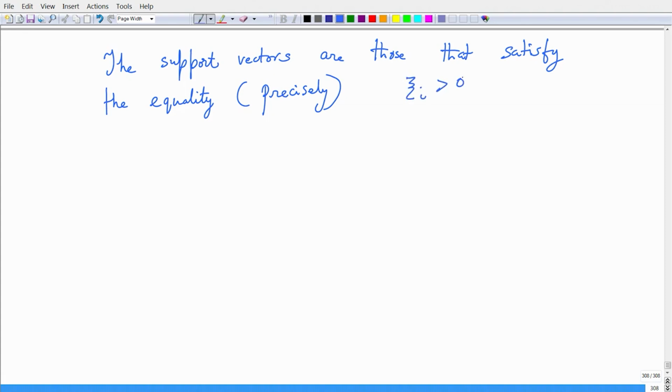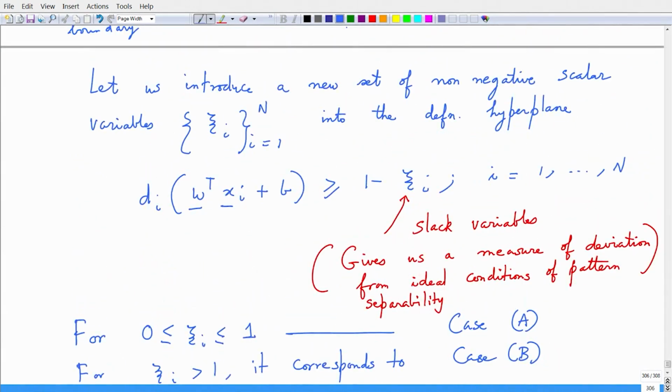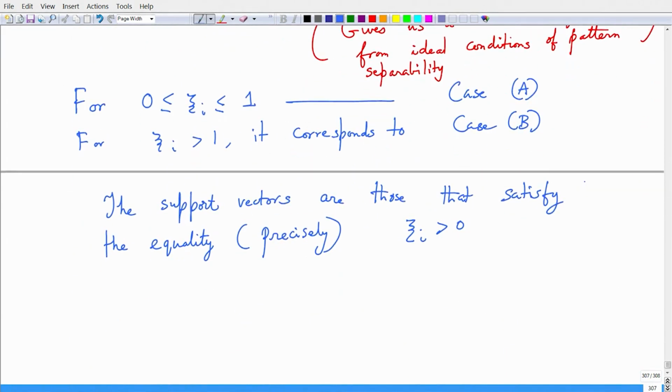The support vectors are those that satisfy the conditions given in this equation here. I call this equation 1.